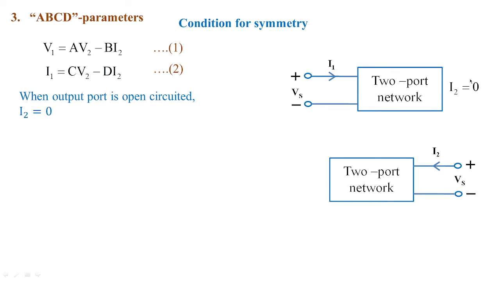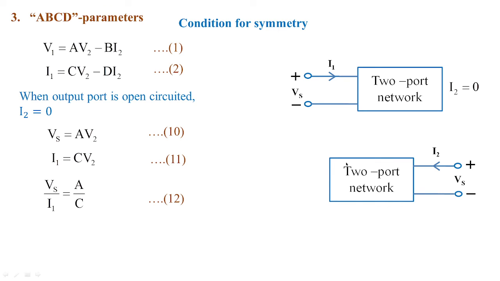So when the output port is open circuited and that value is substituted in equations 1 and 2, we are going to get Vs is equal to A V2 and I1 is equal to C V2. So we get the input voltage to input current as A by C, that we are treating as equation 12.